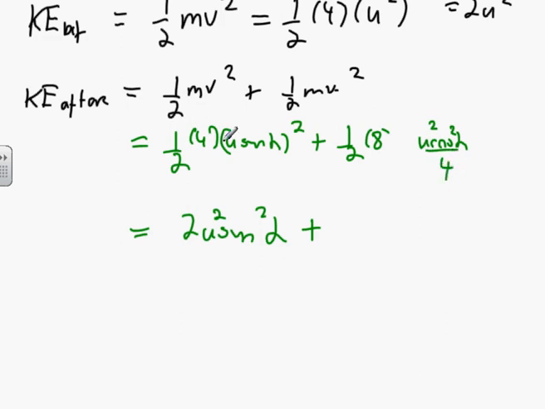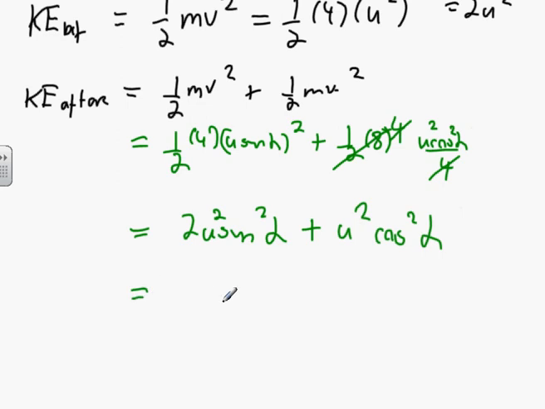Then a half of 4 is 2, 4 divided by 4 cancels, and you get u squared cos squared alpha.